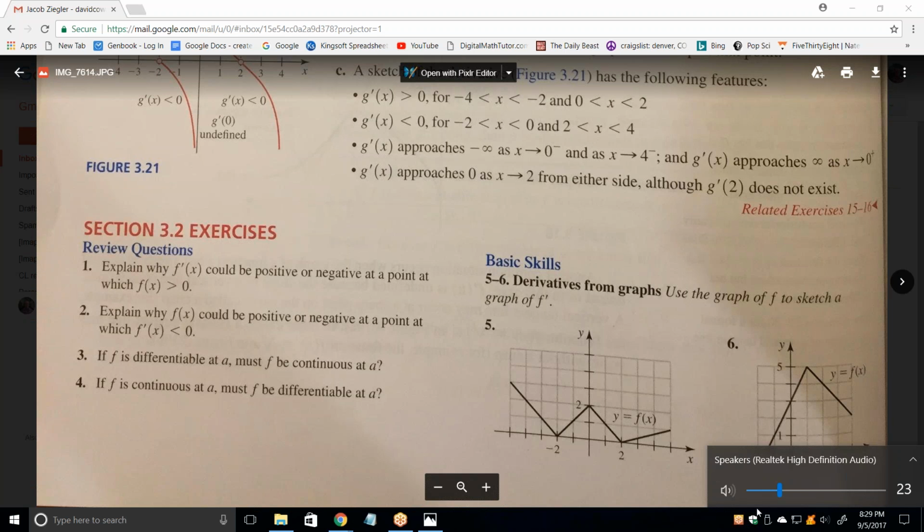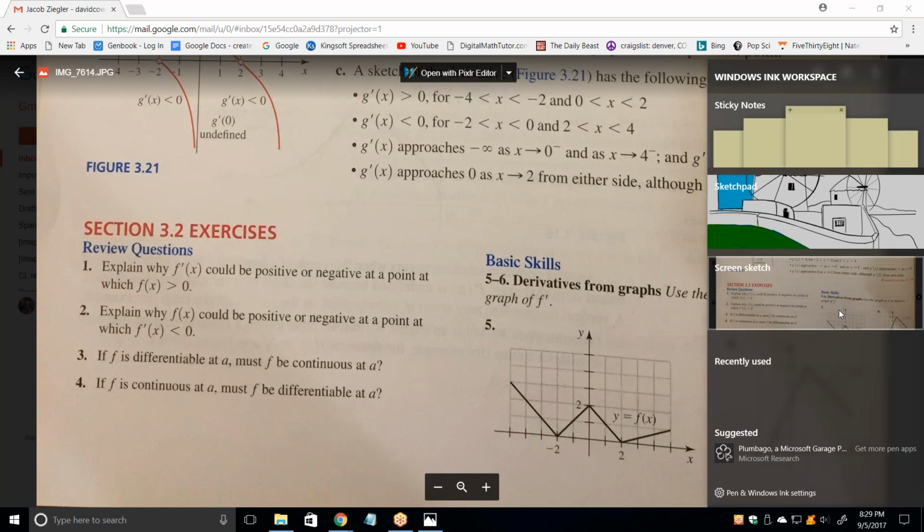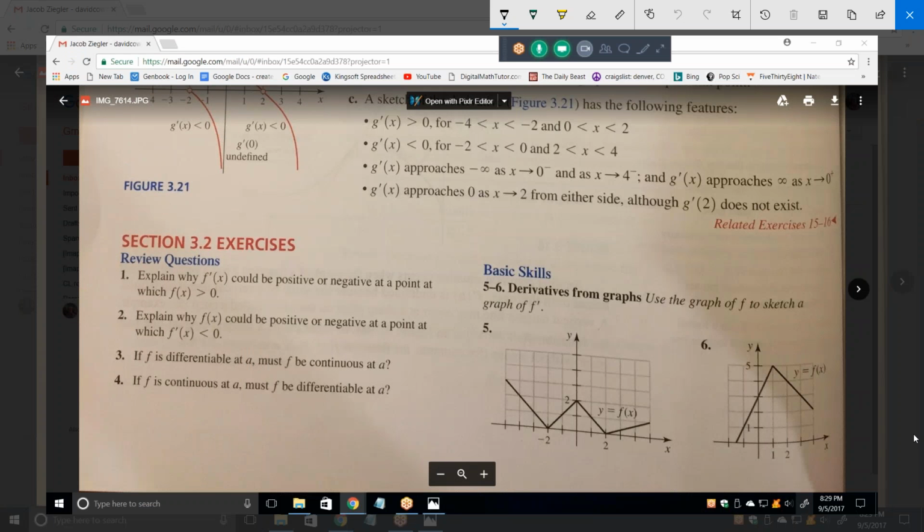Okay. Hold on a minute. Use the graph of f to sketch a graph of f prime. Well, I'm going to do f prime above it rather than below it, merely because I don't have room below and I can't scroll down because I'm at the bottom of the page.